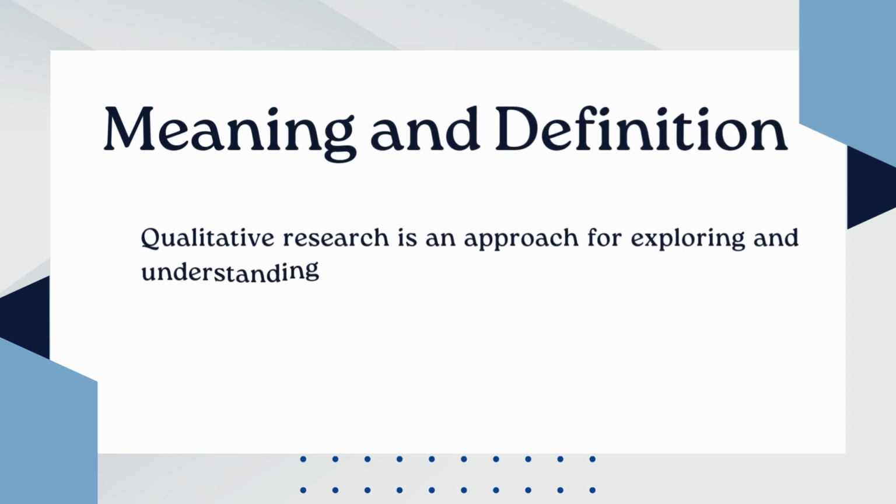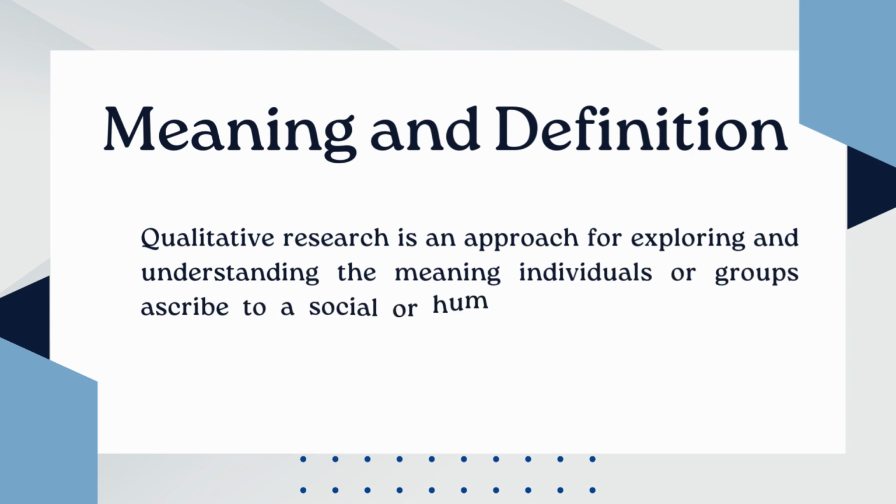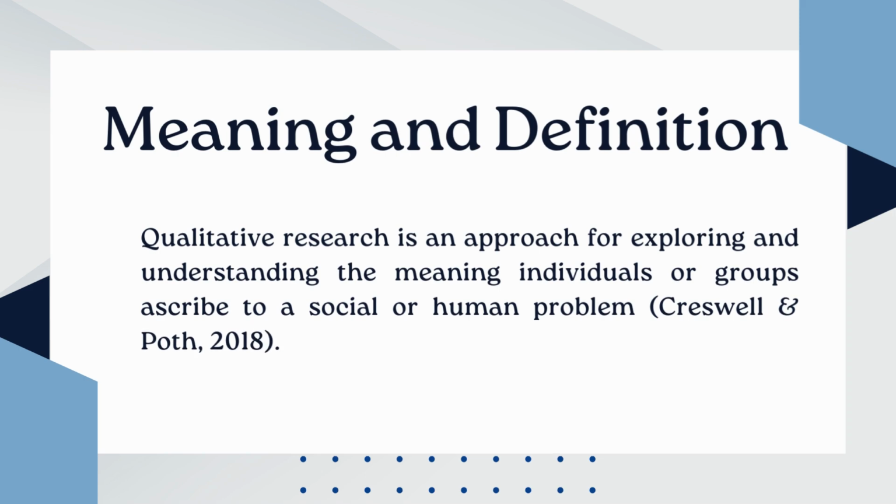At its core, qualitative research is an approach for exploring and understanding the meaning individuals or groups ascribe to a social or human problem, according to Creswell and Poth. In simpler words, it's the study of meanings, experiences, and perspectives about why and how, not just how many.